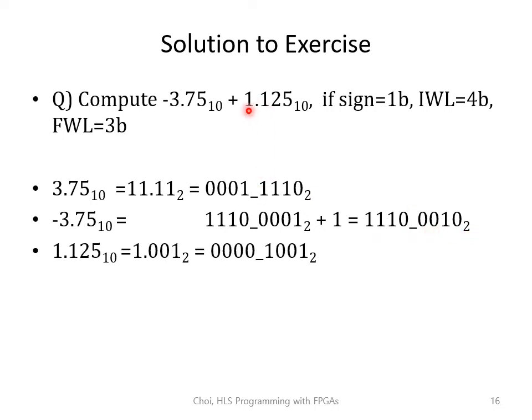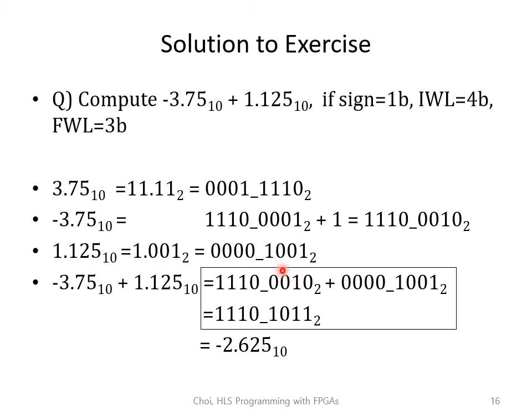And 1.125 is going to be, we first convert into a binary representation, 1.001, and then we add the sign bit 0 and 3 bits of IWL because there's only 1 digit here, so it's going to be 0001. And for the FWL, we just write down these 3 numbers, 001.